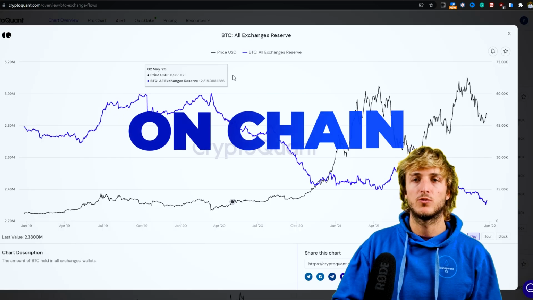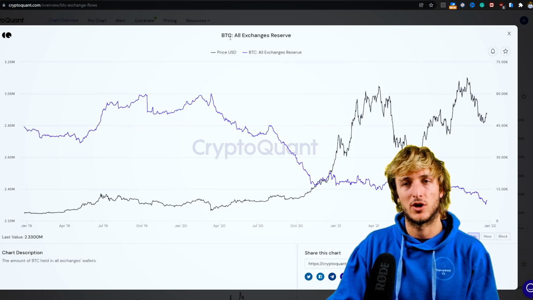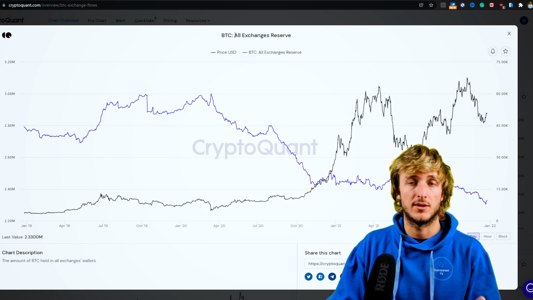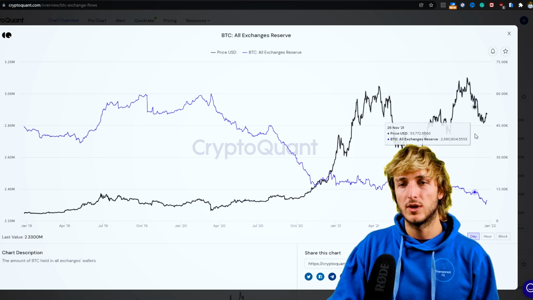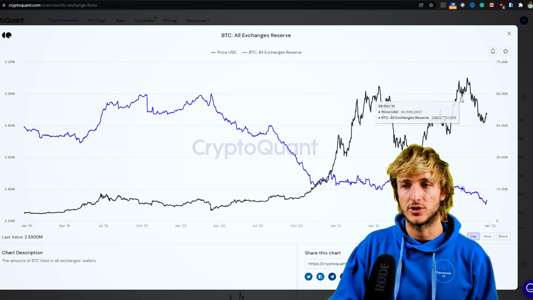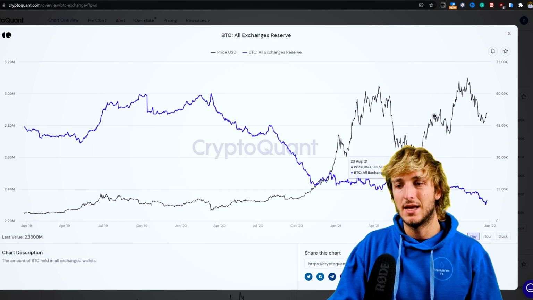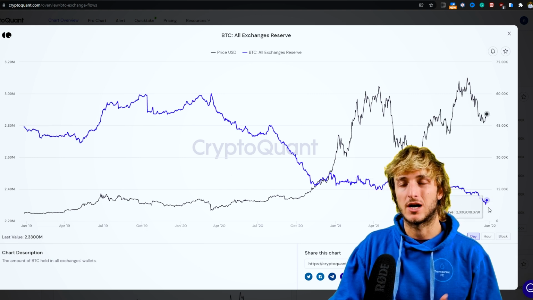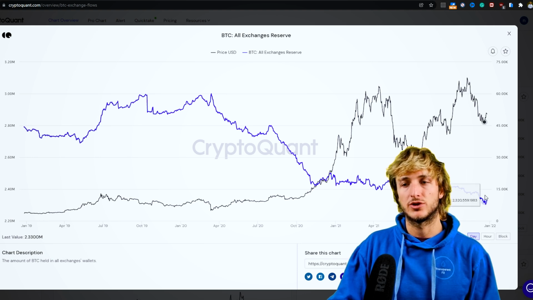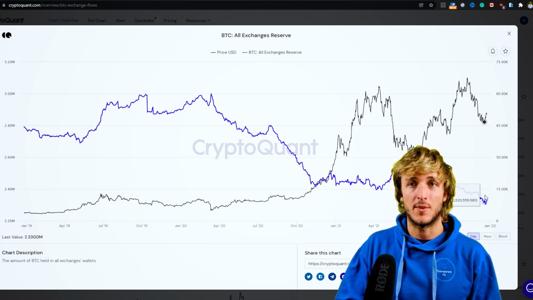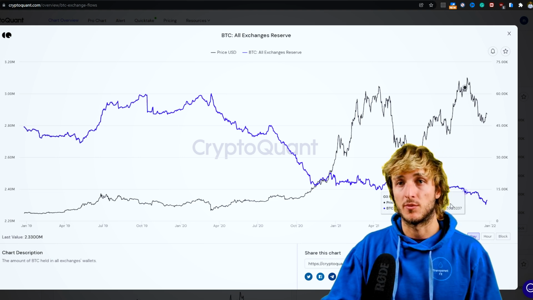Now, if we go and see what we have when it comes to the on-chain data, especially if we look at Bitcoin, because as you know, XRP at the moment and most of the altcoins are correlating with Bitcoin. What we can see in the on-chain metrics is that during the correction that we're getting lately in the crypto market, the amount of Bitcoins on exchanges is continuing to drop, which means that the selling pressure is getting overwhelmed with demand and people are buying Bitcoins and moving them away from exchanges.